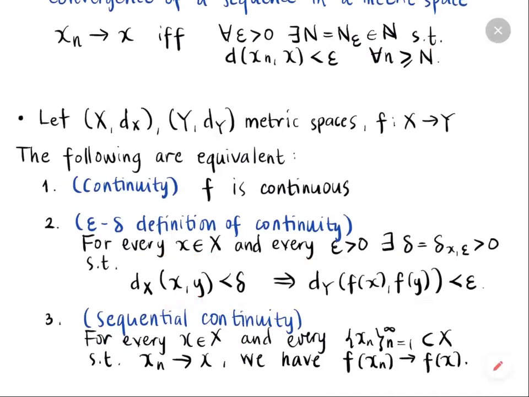And finally, continuity is also equivalent to what we call sequential continuity, which means that for any point X in the domain, and for every sequence that converges to that point, the sequence of images under f should converge to the image of the limit.